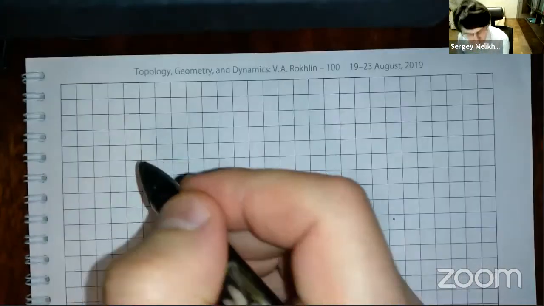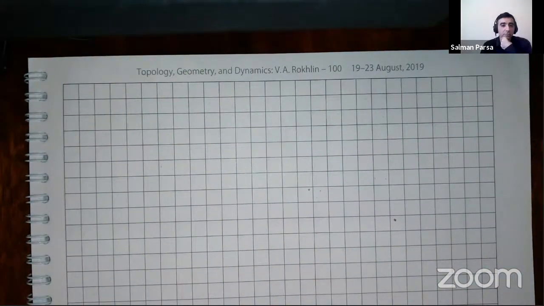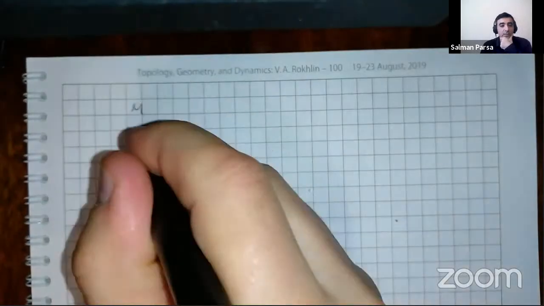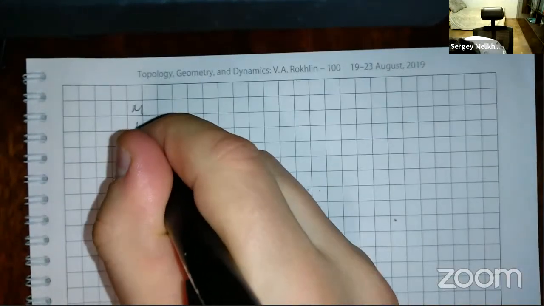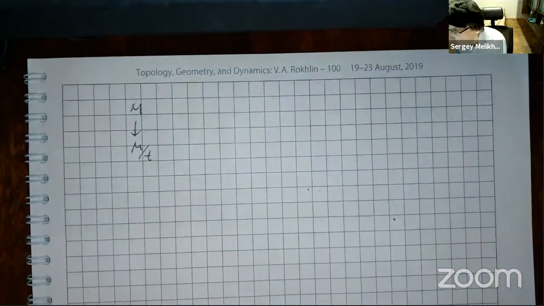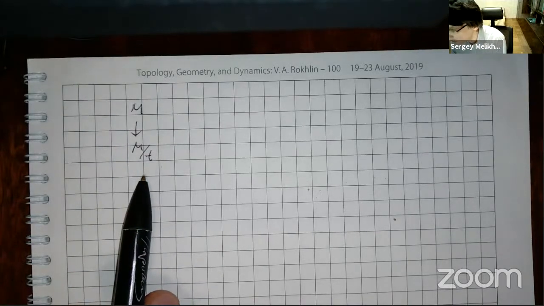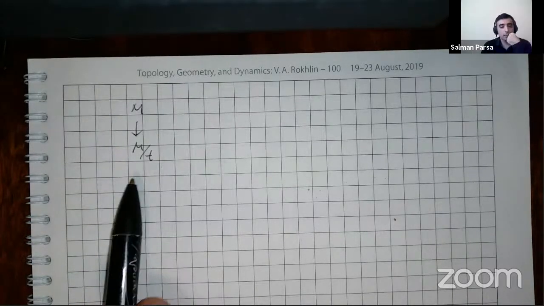Okay, so we have some complex M, and so there is a double cover. There is M and M modulo the involution, right? Was this your notation? Yes.